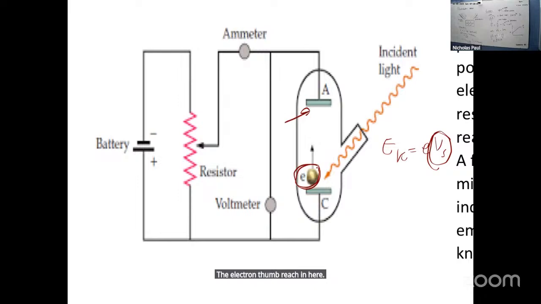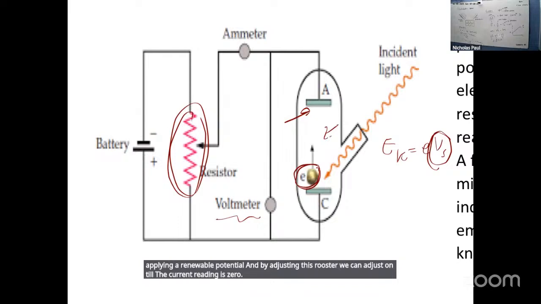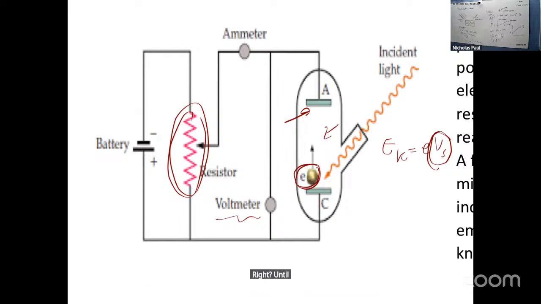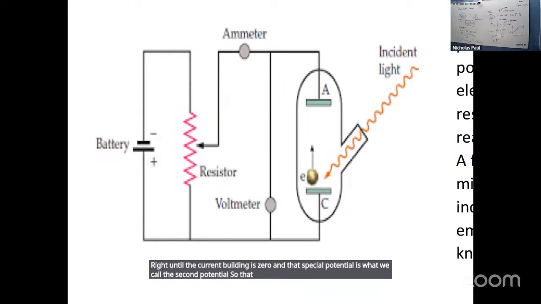So basically what they are doing is applying a reverse potential. And by adjusting this rheostat, we can adjust until the current reading is 0. Until the current reading there is 0, and that special potential is what we call the stopping potential.